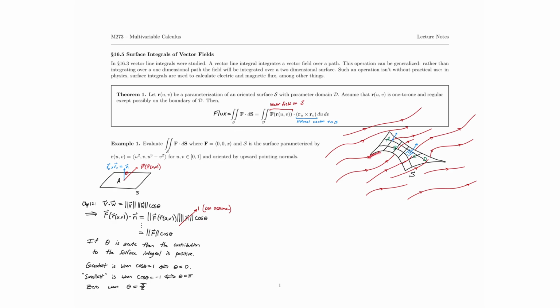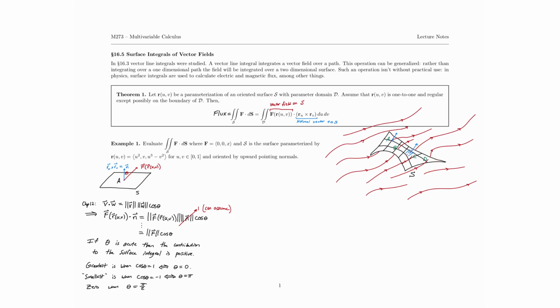Now, on this arbitrary surface, an arbitrary field I drew, at the point A, it exits through the top. At the point B, it exits through the top. But at the point C and D, the field actually enters in the top and exits through the bottom. So it seems like we're going to have positive contributions over here at A and B to the surface integral, where over here, because the angle theta at these two values is obtuse, we're going to have a negative contribution.